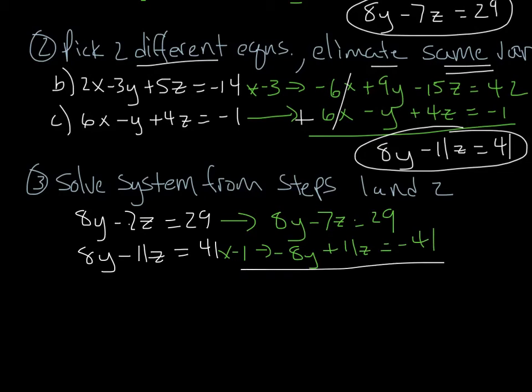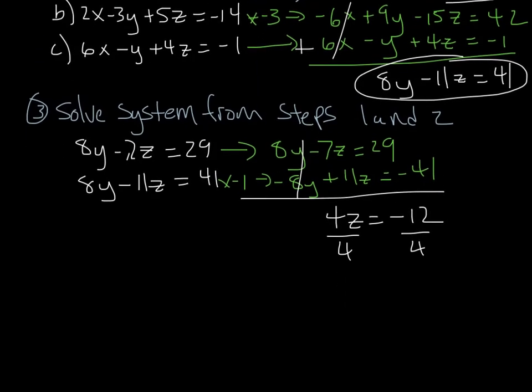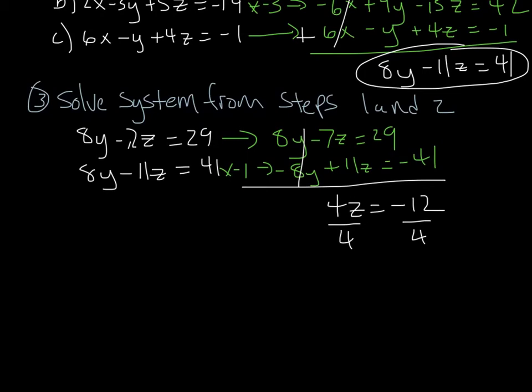So I'm doing a lot of this multiplying and adding. The y's cancel, and I'm left with 4z equals negative 12. And I can divide by 4. And finally, after all that work, I get one answer, and that is z equals negative 3.